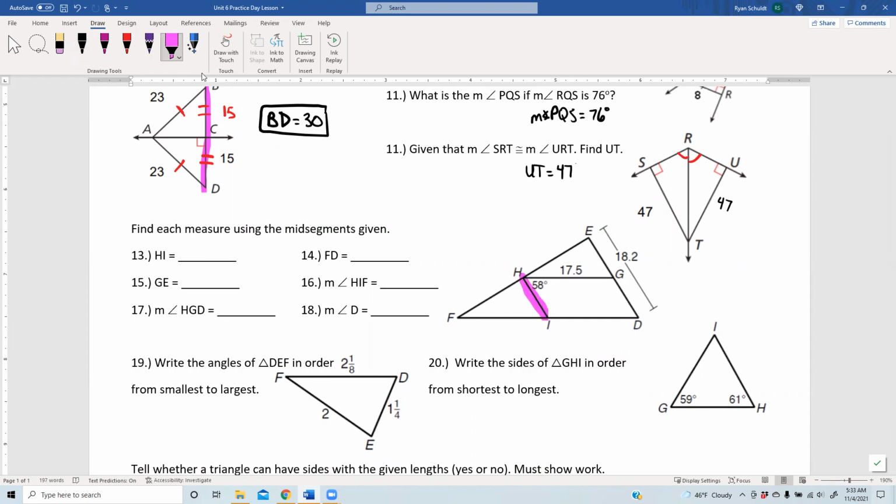Remember, in order to go from the outside to the inside, you have to divide by 2. ED is the outer wall that's parallel to the inside wall, HI. So I have to divide 18.2 by 2. That's going to get us 9.1.